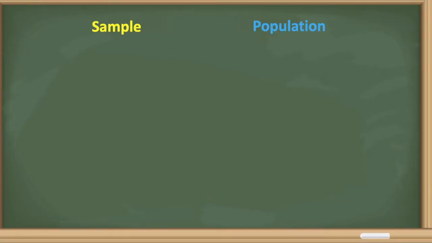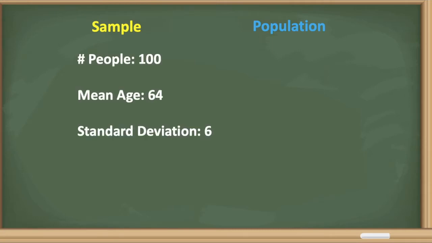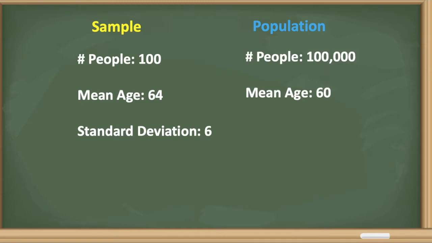All right, so we know that we're looking at a comparison of our sample and our population. We know that our sample has 100 people. The mean age is 64 years old, and our standard deviation is 6. For our population, we have 100,000 people, and we know that the mean age is 60 years old. So again, the question that we're focusing on is, is there really a difference between these values, 64 and 60?